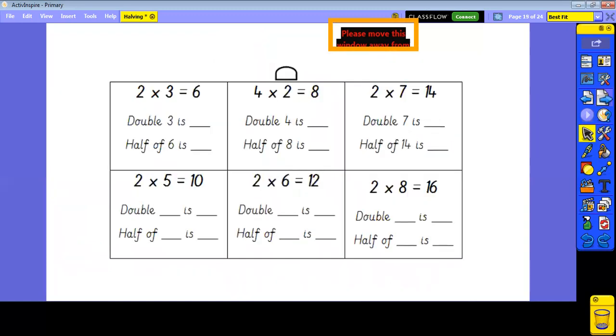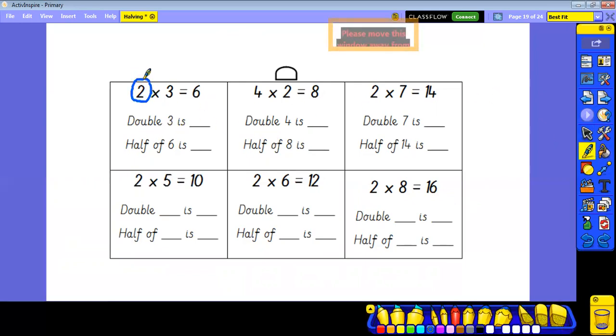The semicircle sheet then is using our knowledge of our 2 times tables and those multiplication sentences to fill in our knowledge of doubling and halving. So here you can see that 2 is a factor. So you can see that double 3 is equal to 6, but also half of 6 is equal to 3.